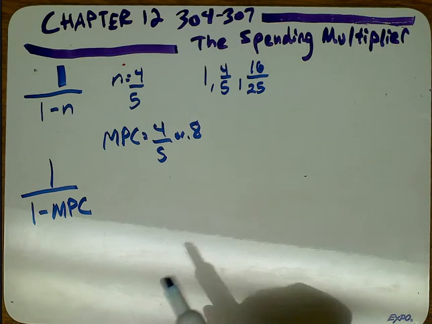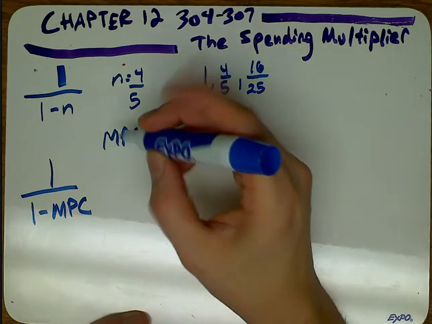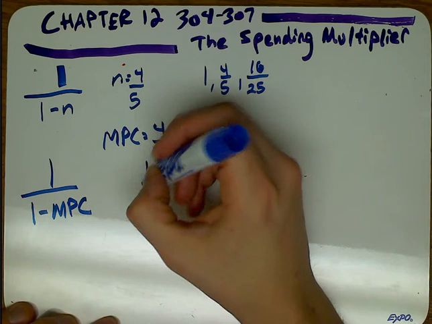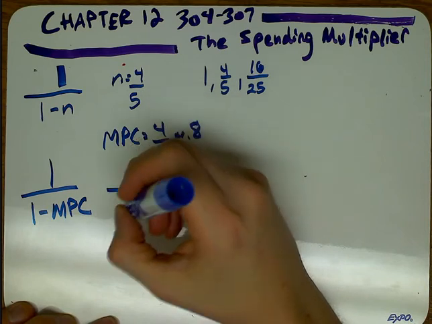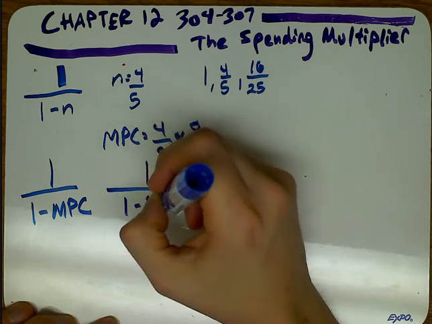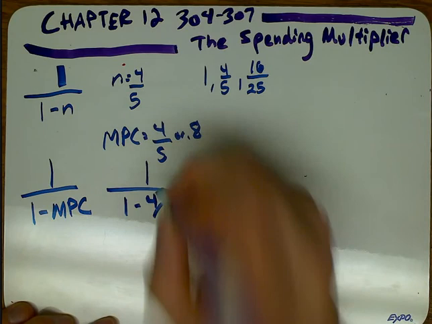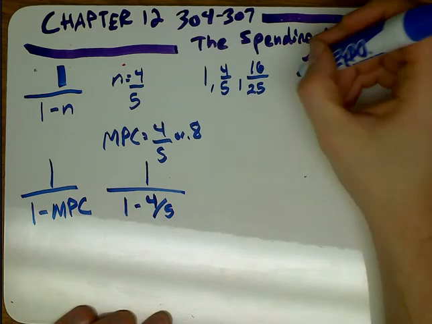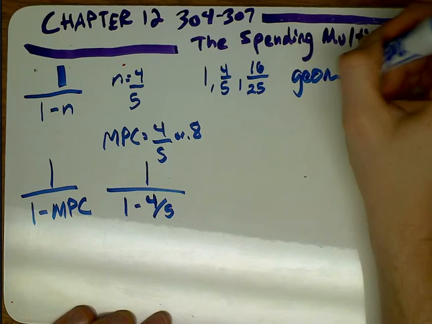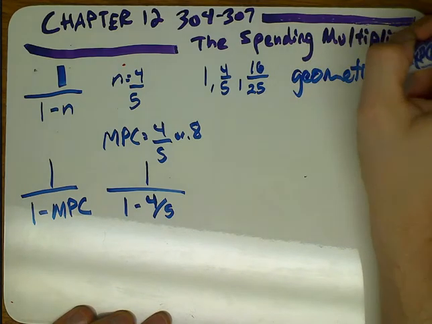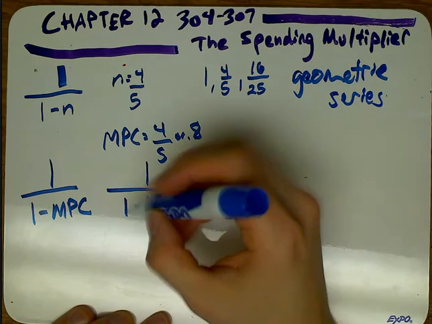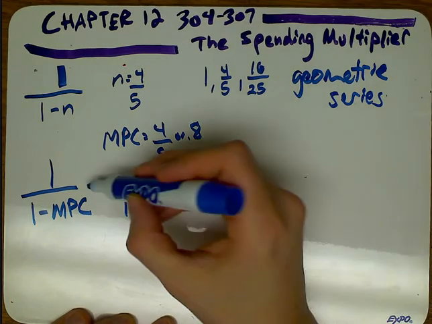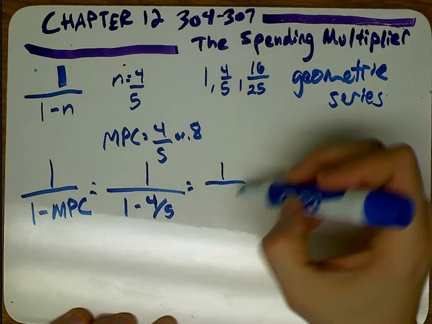So the multiplier in this case, you should have figured out, is 1 over 1 minus 4/5. I'm going to go horizontally here with my math work. If the multiplier is 1 over 1 minus 4/5, then that's 1 over 1/5.